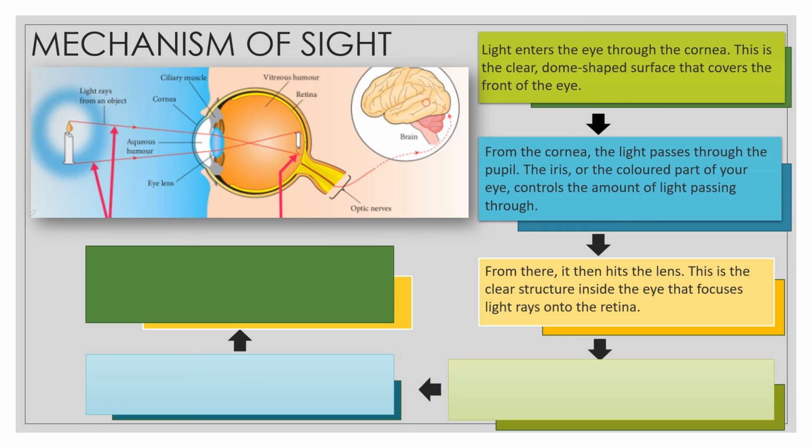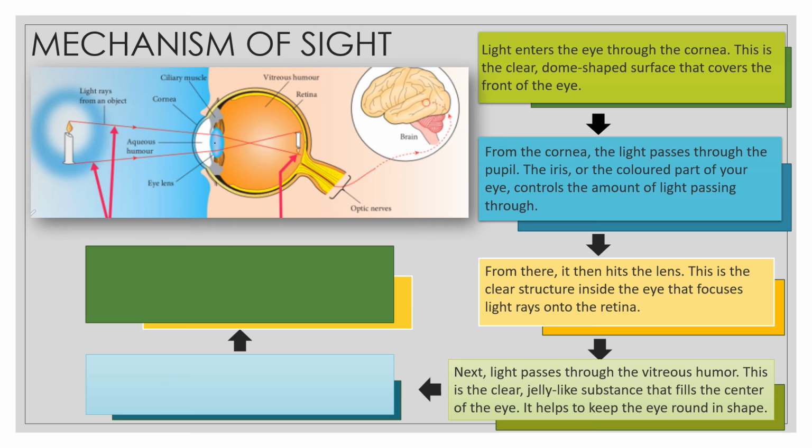This is the clear structure inside the eye that focuses light rays onto the retina. So the lens in the picture is this one, the one that is blue. I'm just gonna write a dot here.